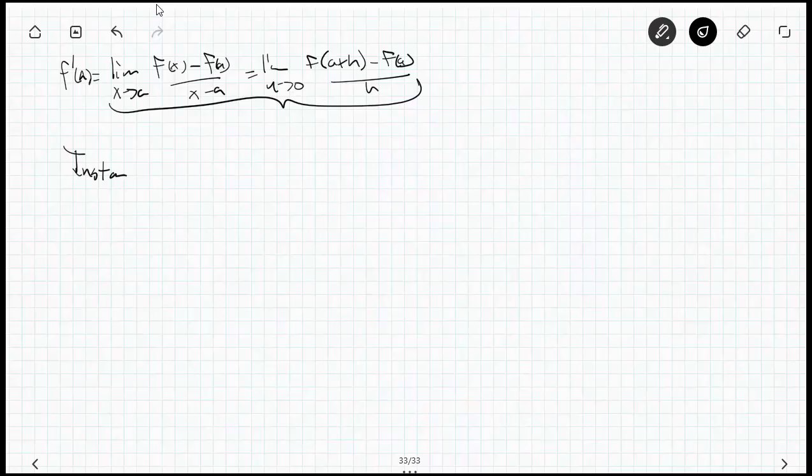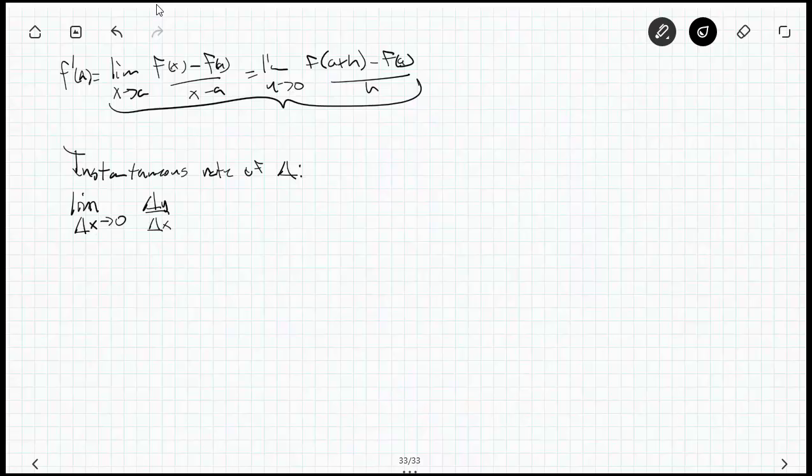Okay, so this is the instantaneous rate of change. I can't write that word for some reason. I'm going to write it, and hopefully you won't freak out, but I'll try to elaborate a little bit. This is the limit as the change in x approaches 0 of delta y over delta x.